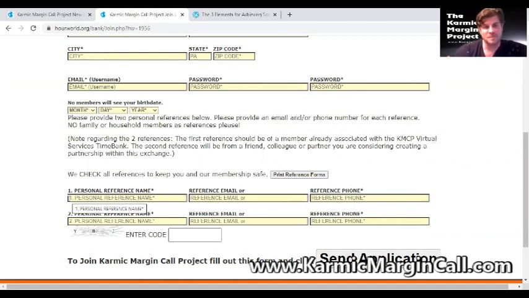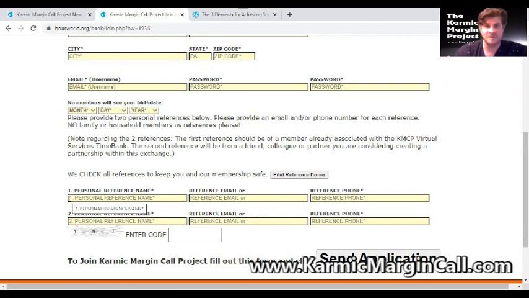So just put in as a reference people you truly want to work with, people you want to build fellowship with. Normally I ask that the first reference be someone who's already associated with the time bank. That doesn't necessarily apply here, especially since you're watching this little tutorial. And the second one would be someone that you would want to reach out to and build fellowship with.